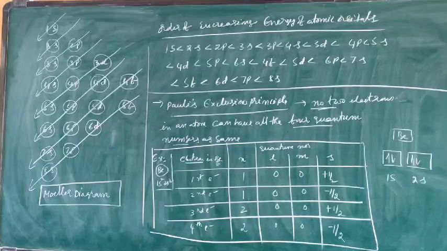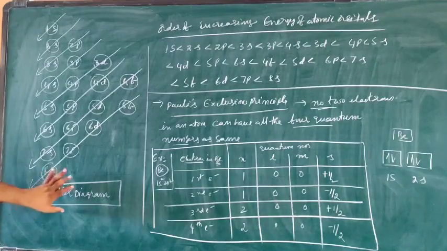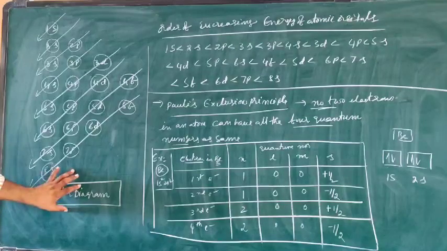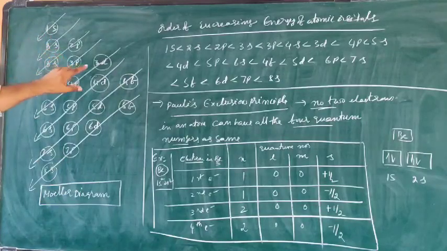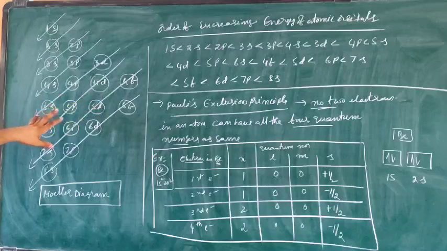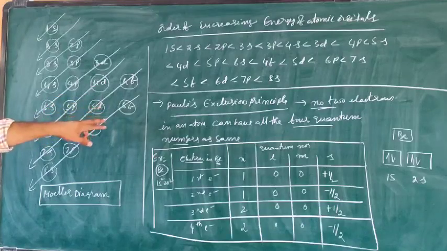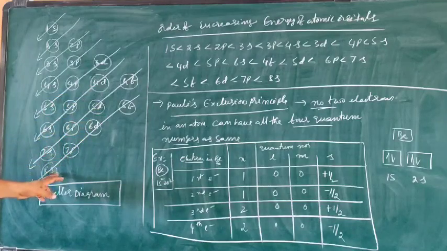Next one, to know the order of energies of atomic orbitals, we can follow the Aufbau diagram. 1s, 2s, 2p, 3s, 3p, 3d, 4s, 4p, 4d, 4f, 5s, 5p, 5d, 5f, 6s, 6p, 6d, 7s, 7p, this is 8s.